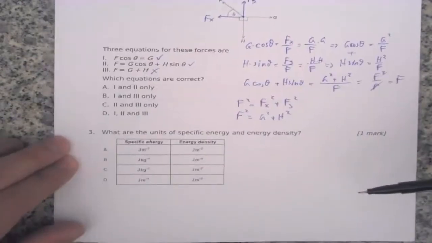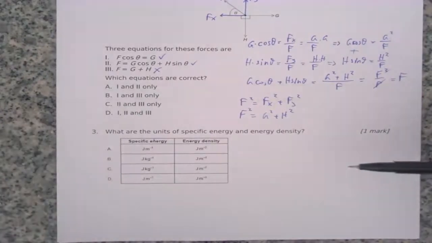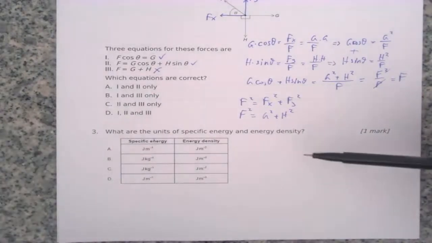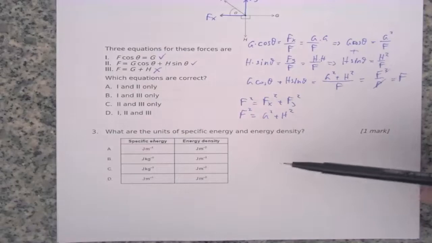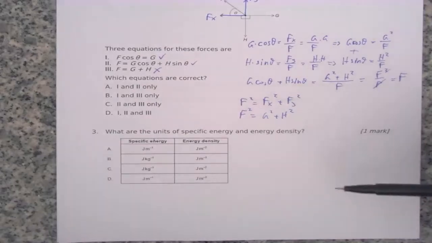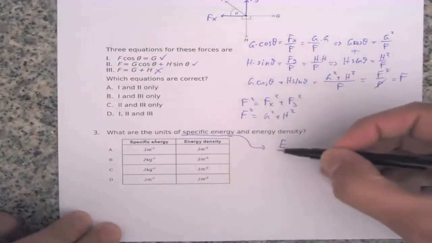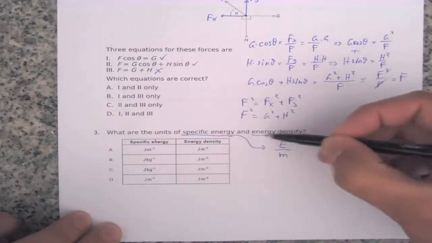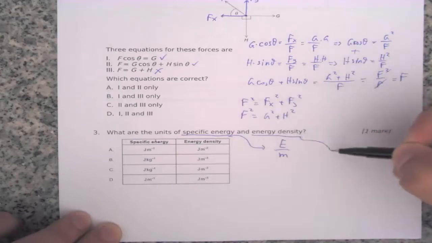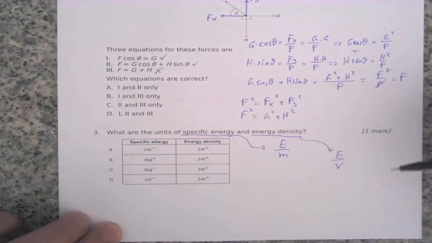Now number 3 says: what are the units of specific energy and energy density? Now we need to remember these two formulas. Specific energy is the energy over the mass, and energy density is the energy over the volume.